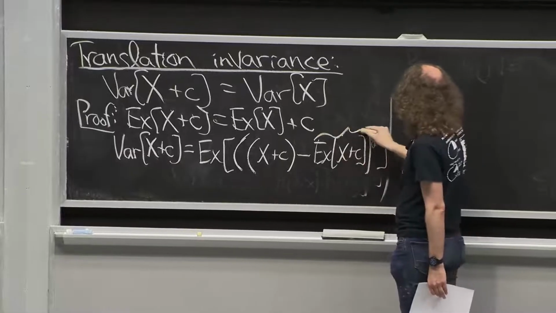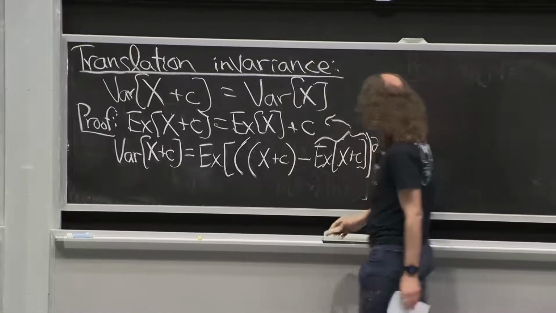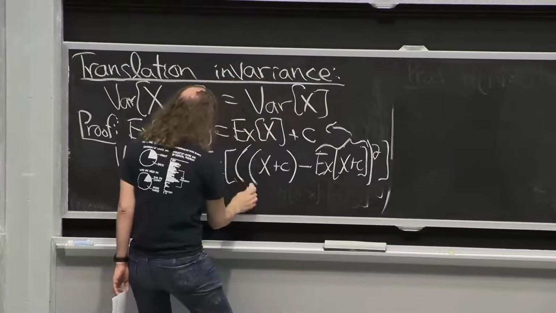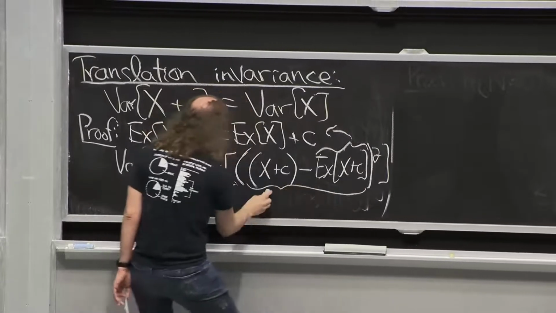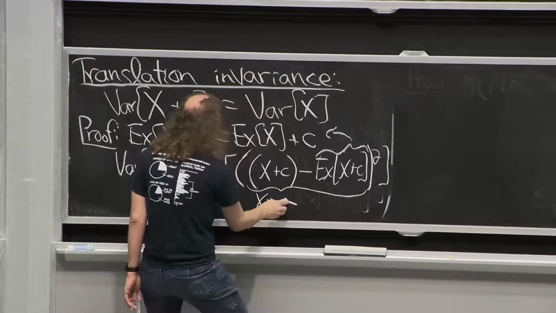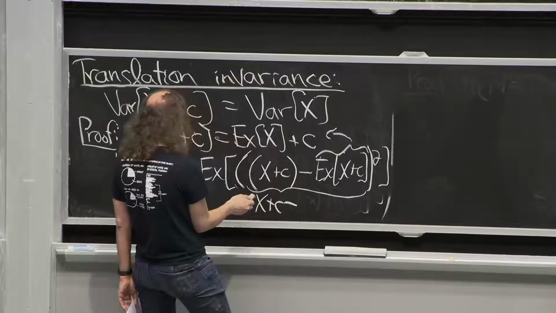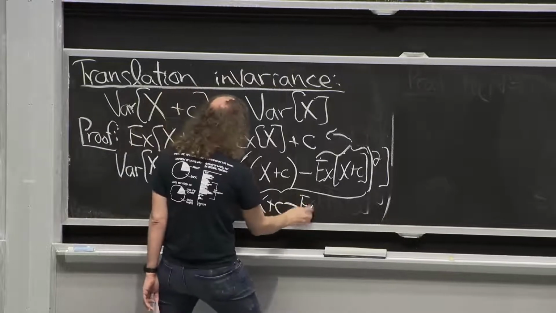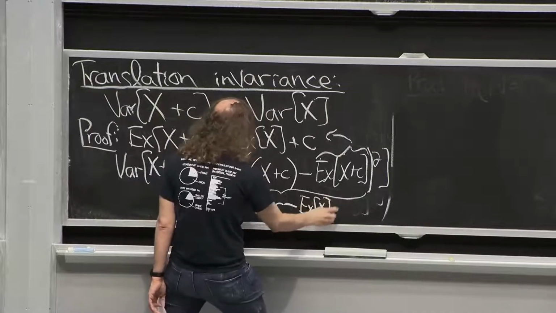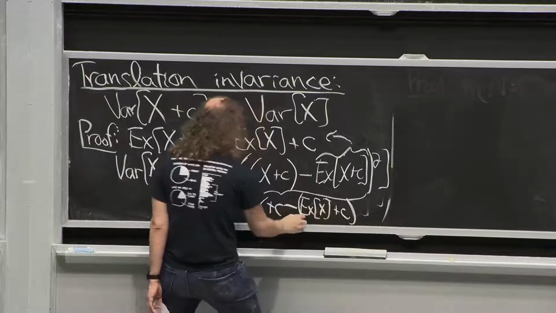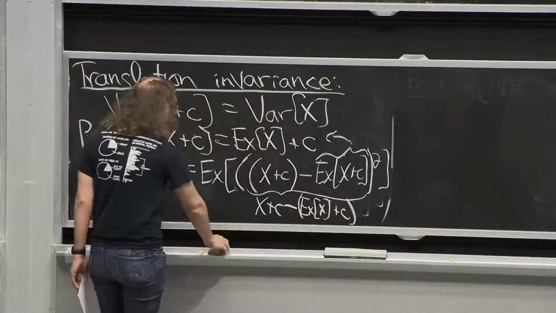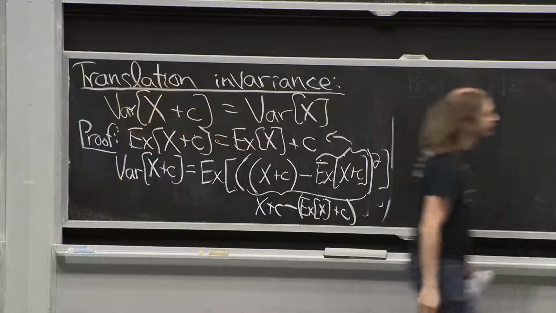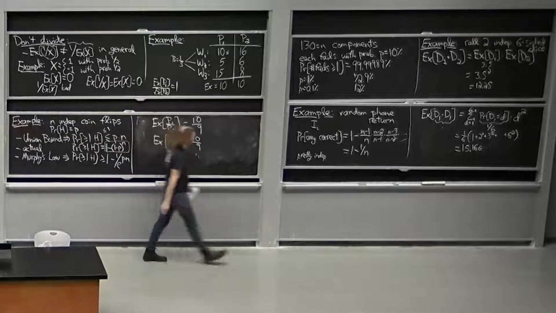And this thing is what we just computed here. Inside the parentheses, we have x plus c minus the expectation of x plus c in parentheses. The c's cancel.